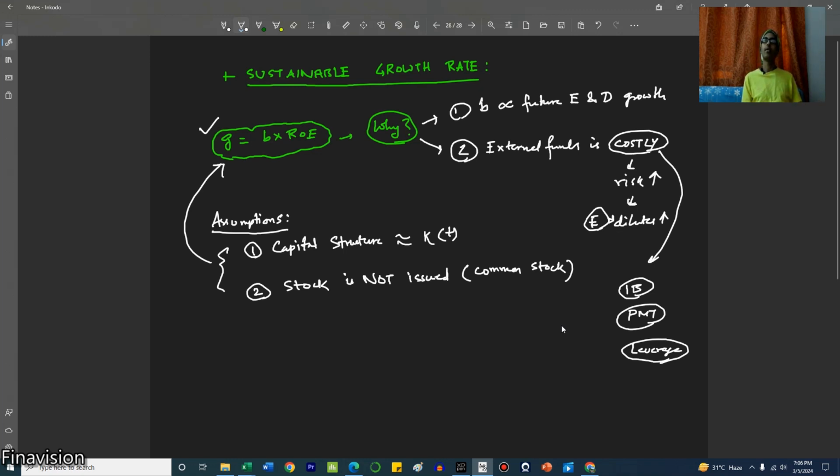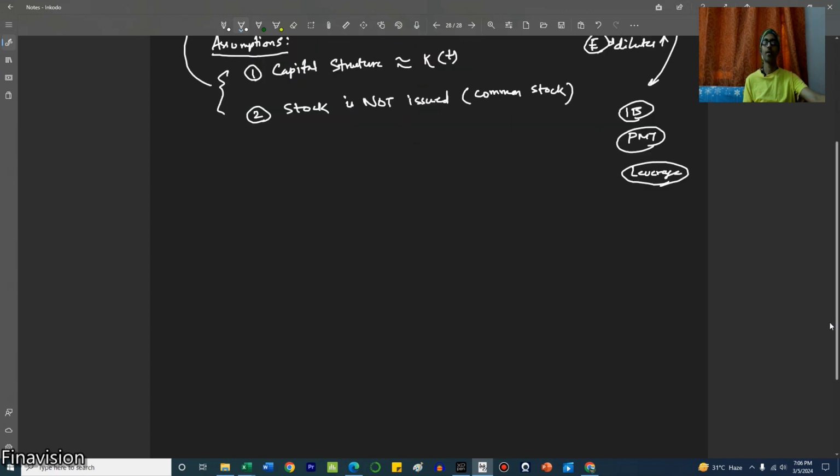Now we will try to delve a little deeper into this expression. So G is equal to B into ROE, right? Now this can be written as retention ratio, means net income minus dividend by net income, into ROE, which means net income by equity.